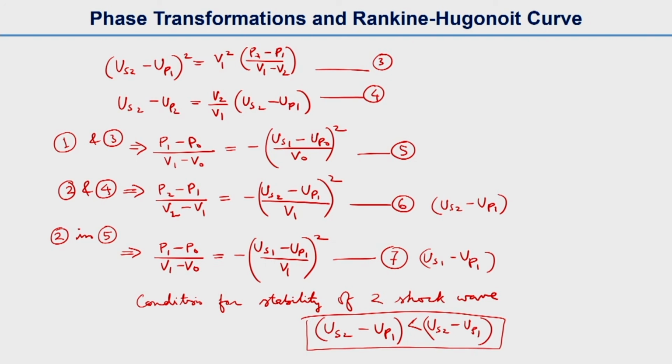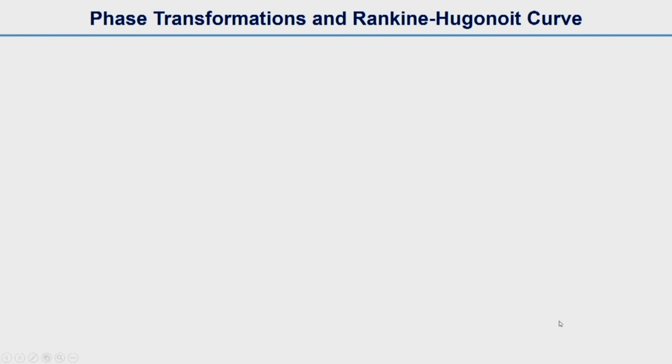So we can give it a number 8. Now you will see from number 6, number 7 and number 8, the condition will be P2 minus P1 divided by V2 minus V1 should be greater than P1 minus P naught divided by V1 minus V naught.